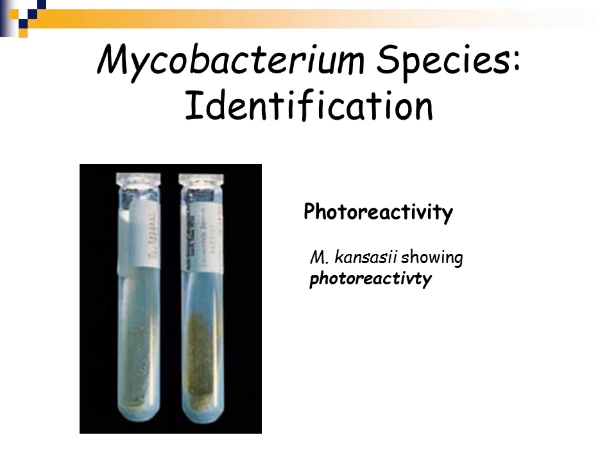And Mycobacterium kansasii is photoreactive. It's going to produce a pigment in the light. If you keep it in darkness, it's not going to produce a pigment. However, if you then expose it to light, the pigment will start to come out. So that's photoreactivity or a photochromogen.